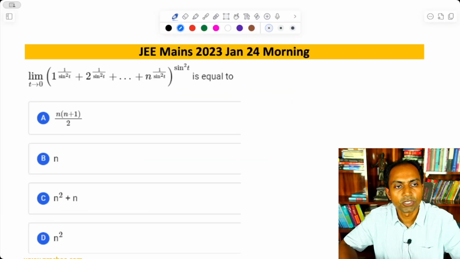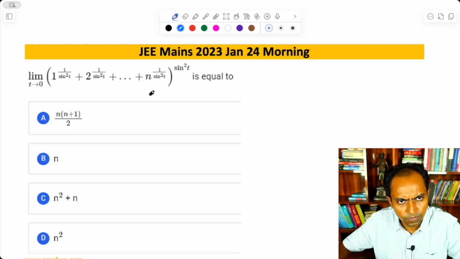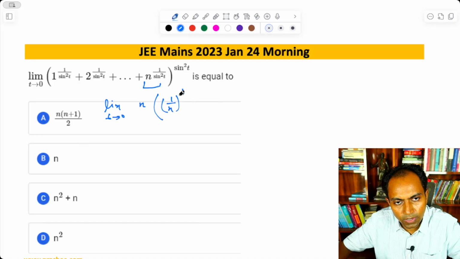Now this last question that came in 2023 seems difficult but is a very simple conceptual question. What I can do is take this last term common, and if I do so, this becomes limit t tends to 0. If I take this common, the sine square will go away. Inside it becomes 1 by n raised to the power 1 by sine square t.